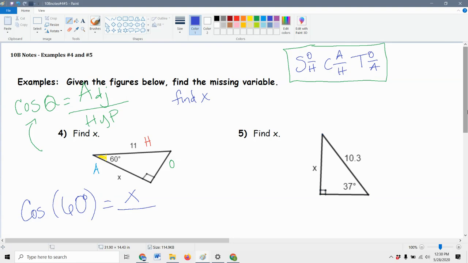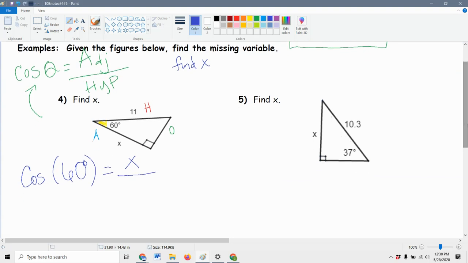We don't know the value of the adjacent side, but we have assigned a variable to it. And then it's over the hypotenuse measure, which is 11. And so now what we have is a problem where we can actually get a number for this and solve for x. And then that's going to give us the solution we want, the length of this missing side.